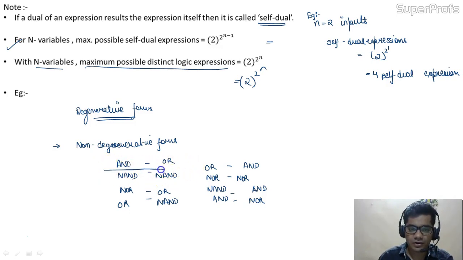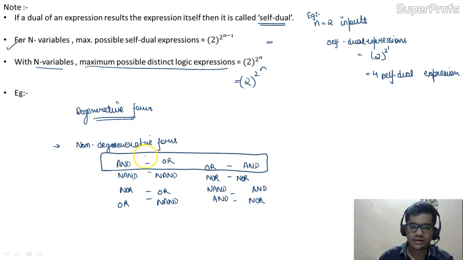If we look row wise, we have already discussed this in that table, but now we are discussing the dual form, so it would be better to understand here. If we look row wise, the AND OR form is the dual form of the OR AND form.